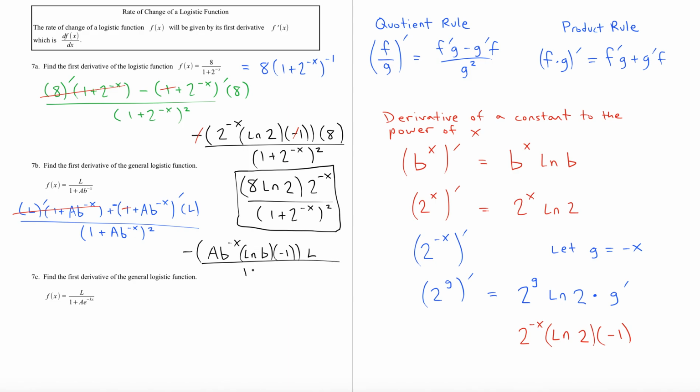And we'll have 1 plus AB to the negative x squared down here. Okay, so if we simplify it, looks like L A B to the negative x times the natural log of b over 1 plus AB to the negative x squared. Great.